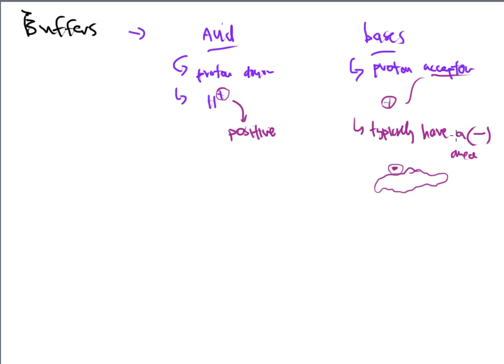Now, let's do a real example using real chemicals. Let's say that I take hydrochloric acid in the lab and I add some water to it, and I want to know what happens. All right, well, hydrochloric acid, this is a compound, and it has a proton, and we know that this is an acid because the name gives it away.